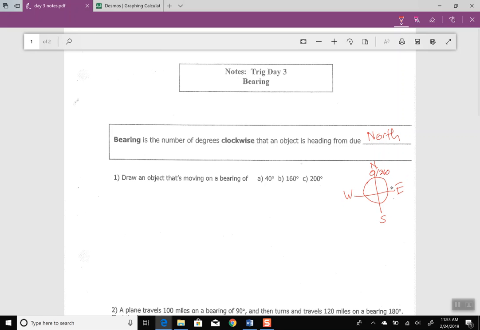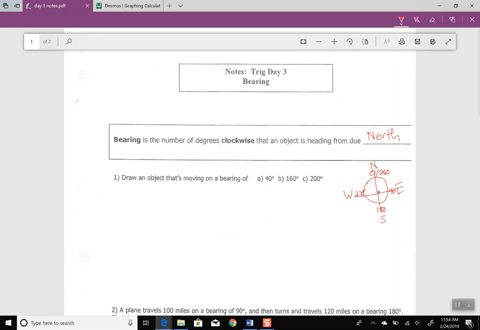If you head east, that's a fourth of a circle, or 90 degrees. If you go south, you're on a bearing of 180 degrees. West would be 270 degrees, and then all the way around would be 360 degrees, which basically says you're still going straight up.